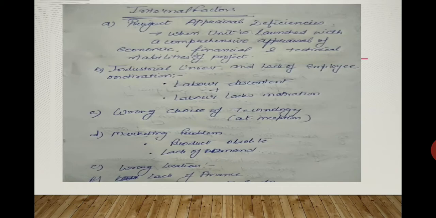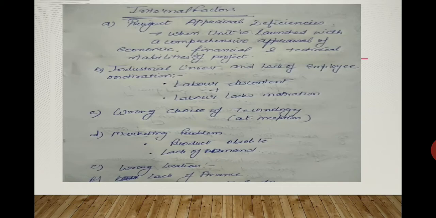The next one is the wrong choice of technology. When we talk about this, we have commenced a business with a technology that is either expensive or is not correct for the type of proposal which we have chosen. Again there is a problem, and it may lead to industrial sickness. Then marketing problem.